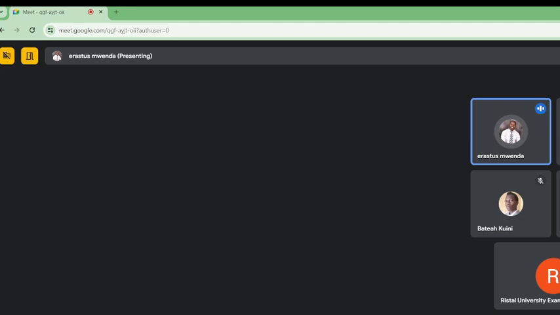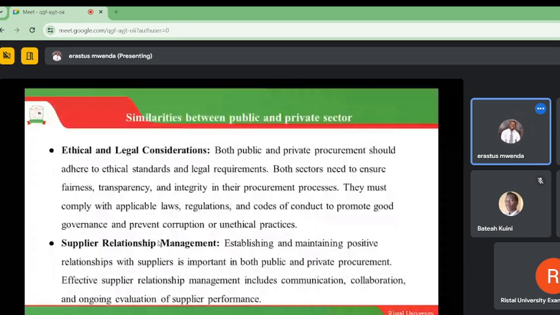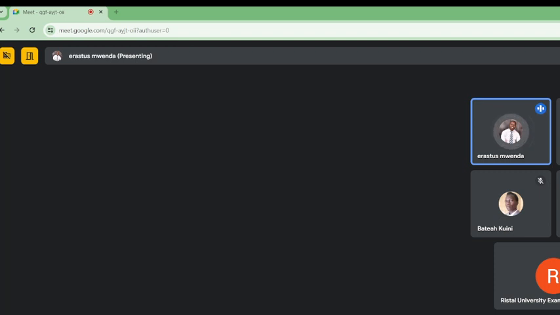And finally, when you are looking at the similarities between the public and private sector, we are also considering the aspect of supplier relationship. In both sectors, a key objective in terms of how we relate to our suppliers is that both institutions want to have a positive relationship with their suppliers.